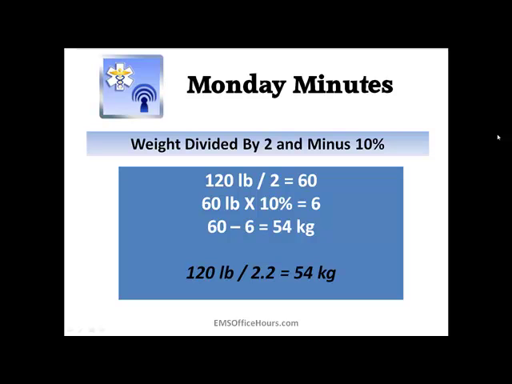So let's say you have that same 120-pound patient, you divide it by 2, which gives you 60. 10% of the 60 is 6, and minus the 6 from the 60 will give you 54 kilograms. And if you think about the previous formula, 120 pounds divided by 2.2 gives you that same 54 kilograms. So divide the patient's weight by 2 and then minus 10% of that value, and that'll give you your kilograms.